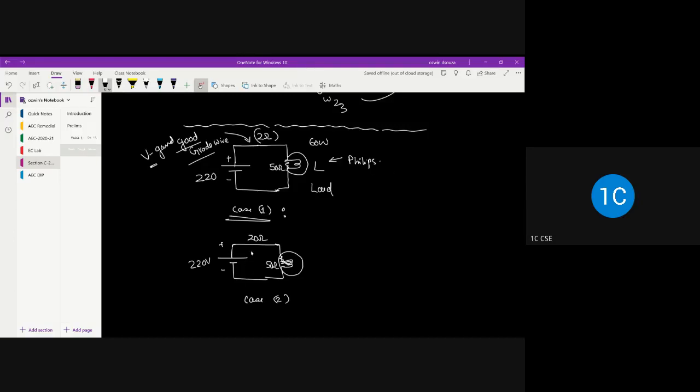But due to the change in the value of resistance, the current drawn by the first circuit, let us call it I1, is equal to V by R equivalent. So 50 plus 2 is 52, so it is 220 divided by 52 ohms.